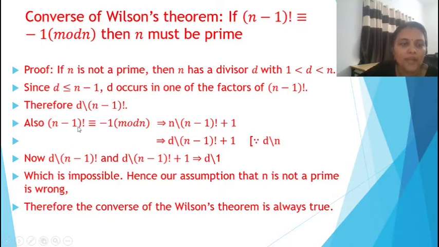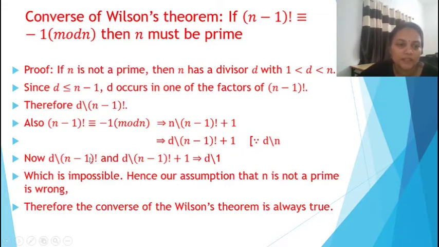Also we have the given expression, (n minus 1) factorial congruent to minus 1 mod n, which implies (n minus 1) factorial plus 1 is a multiple of n, or n divides (n minus 1) factorial plus 1. Since d divides n, d divides (n minus 1) factorial plus 1.